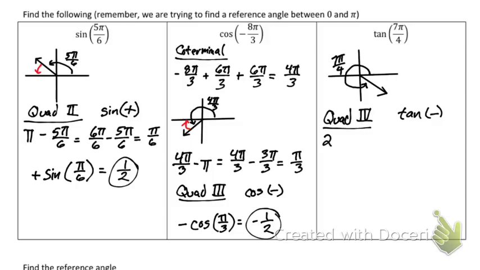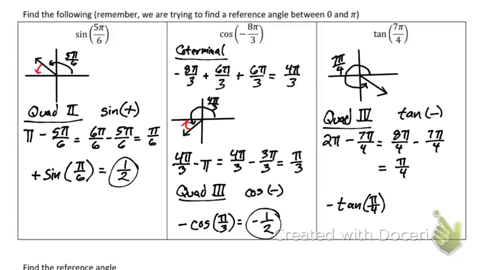Well, 360 in radians is 2 pi, minus our 7 pi over 4, which is 8 pi over 4 minus 7 pi over 4, which is going to equal pi over 4. So I'm just looking for negative tangent of pi over 4, which is going to be a negative 1.